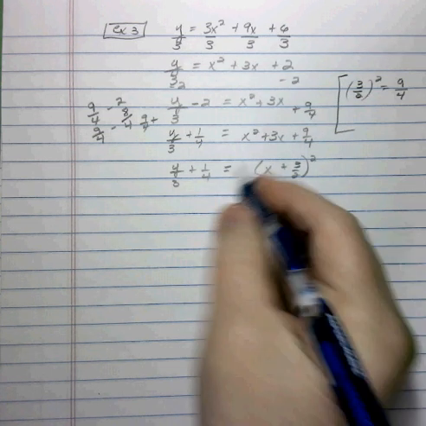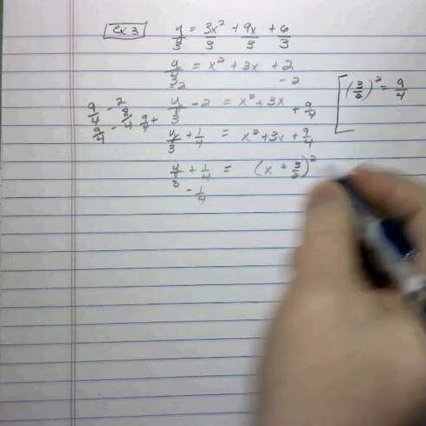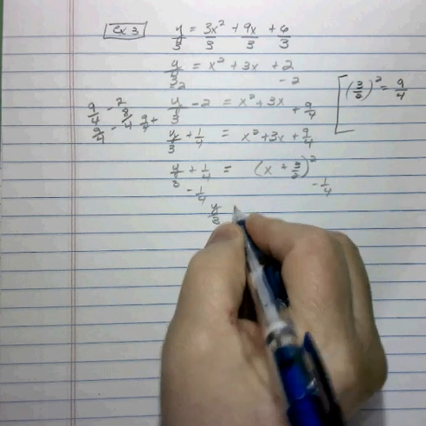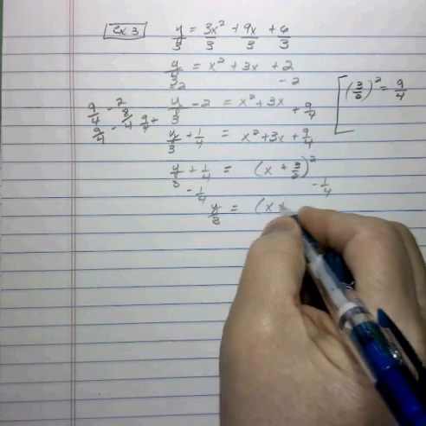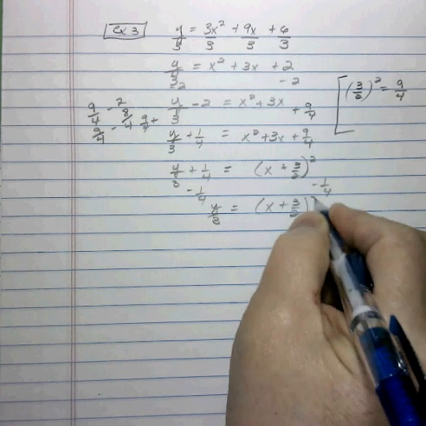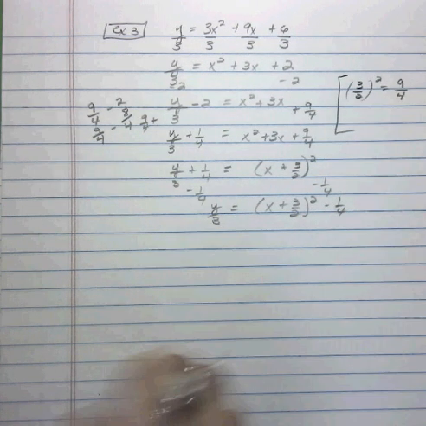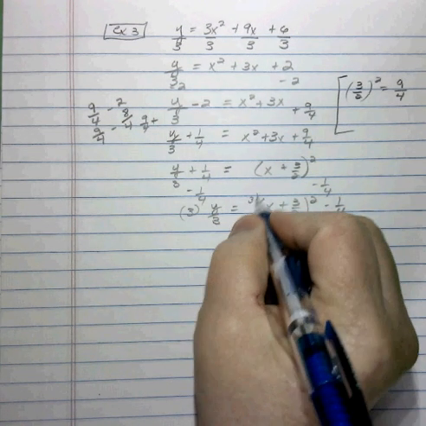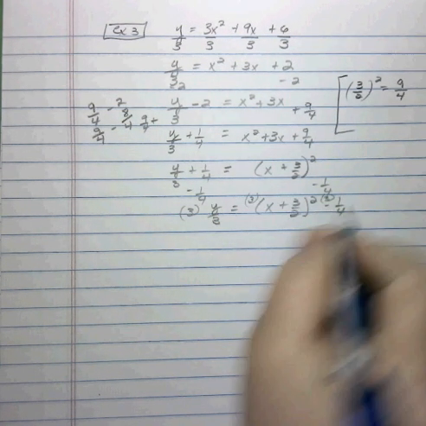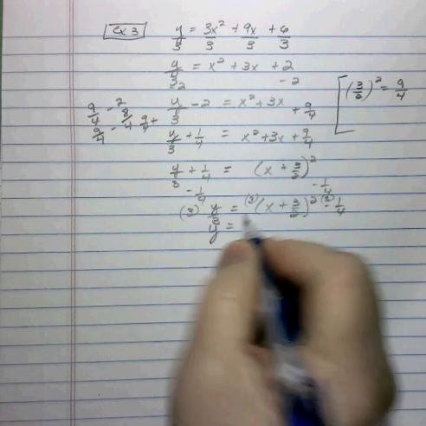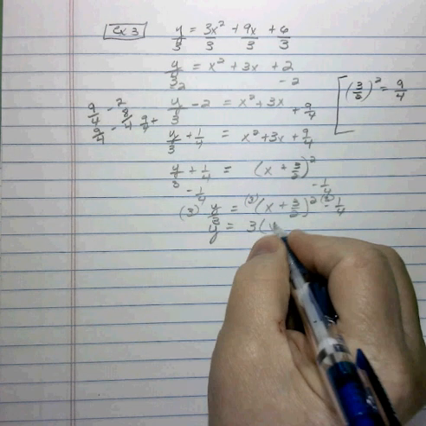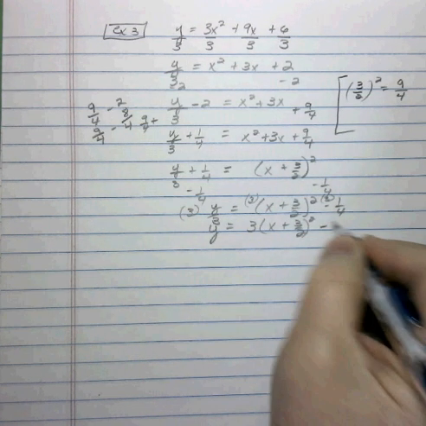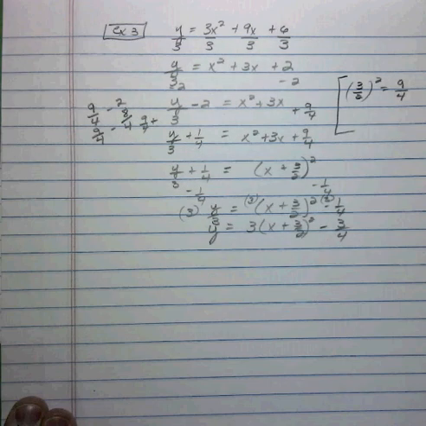And now we're ready to subtract the 1/4 from each side. Y over 3 equals x plus 3/2 squared minus 1/4. Now we're going to multiply through everything by 3. And so we end up with y equals 3 times x plus 3/2 squared minus 3/4.